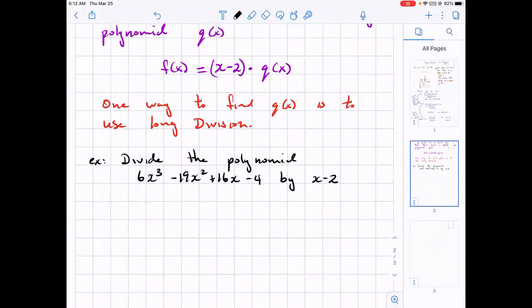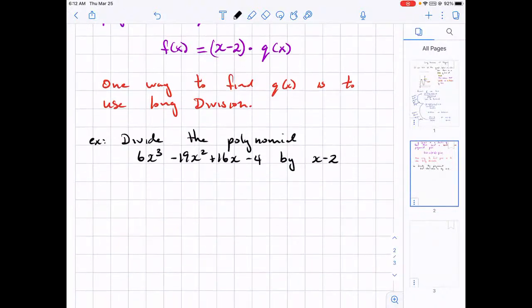To set up long division, we generally draw what I call the box, and your divisor goes here. And then we put the polynomial 6x cubed minus 19x squared plus 16x minus 4.